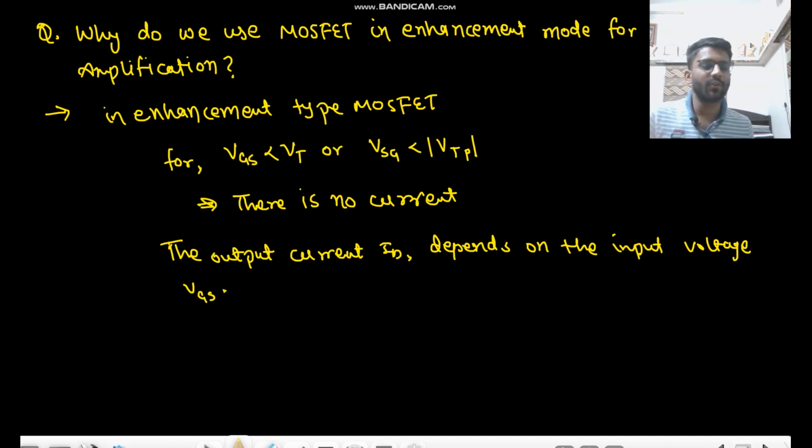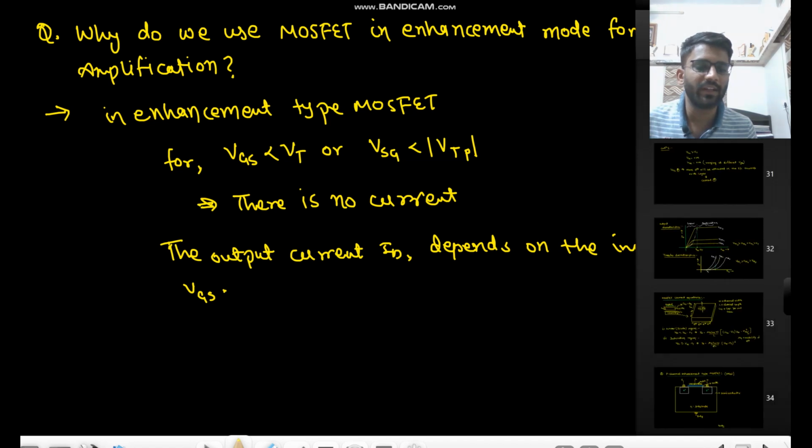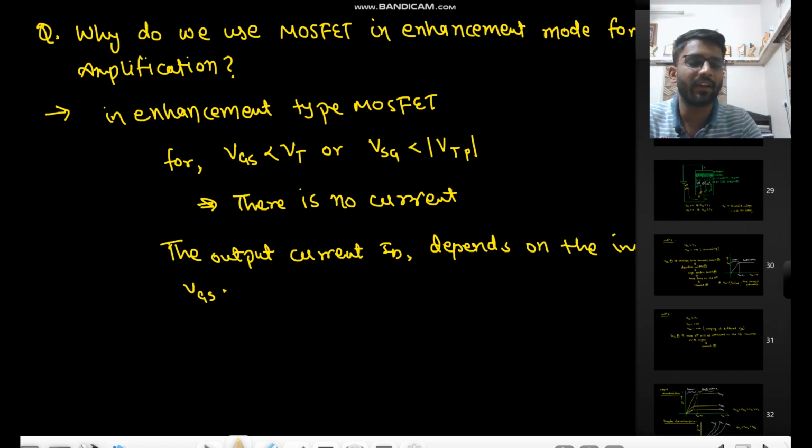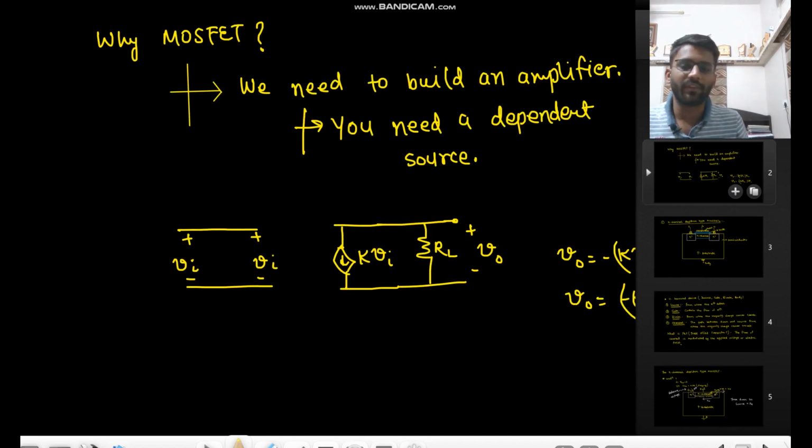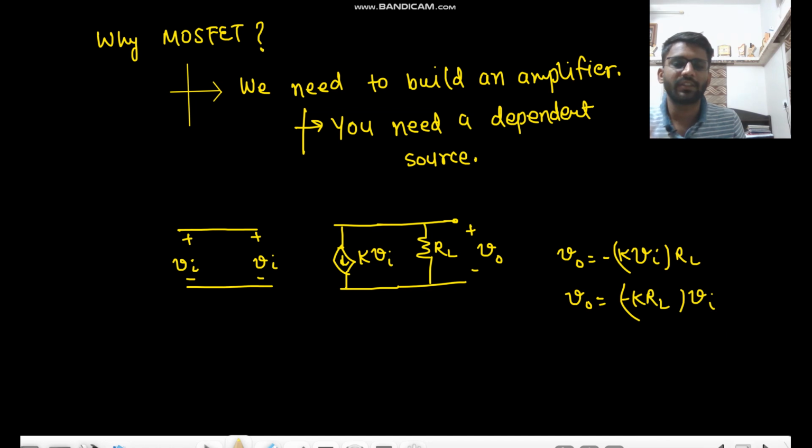and this is what we wanted to make. When we studied in the first page why we are making the MOSFET, we studied that we need to build an amplifier, and you need a dependent source which is dependent on the input.